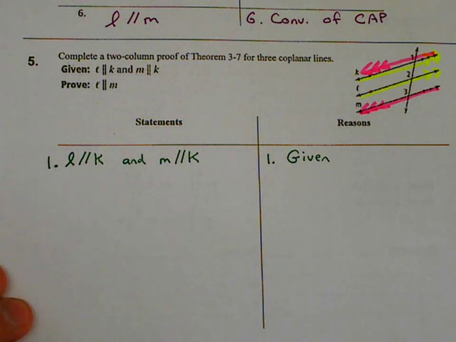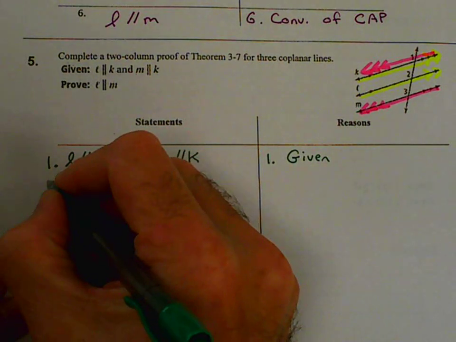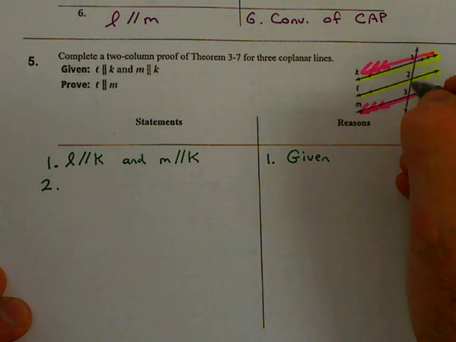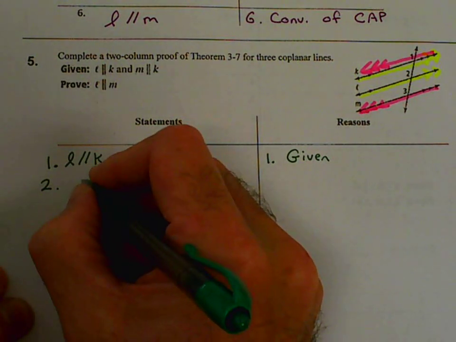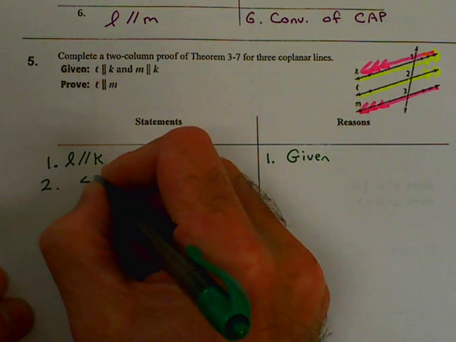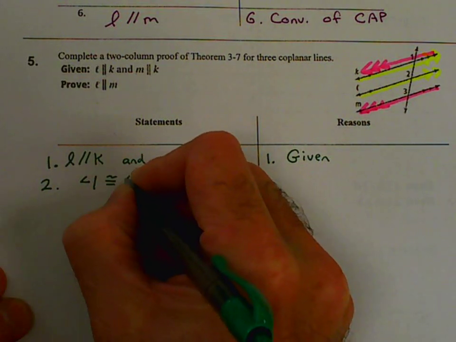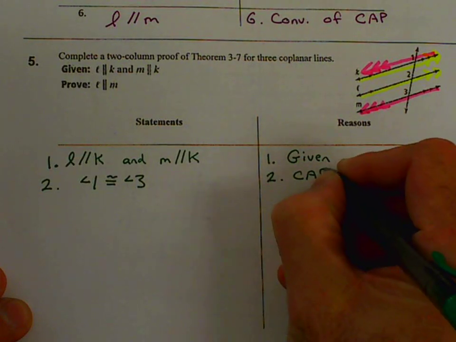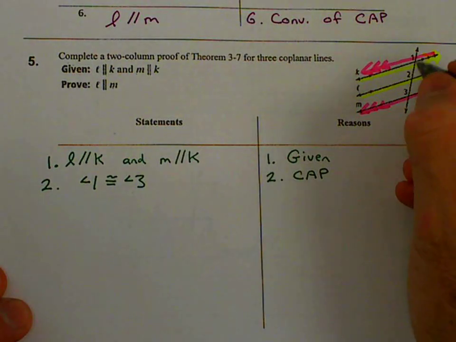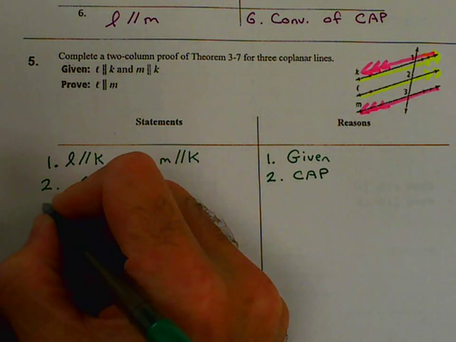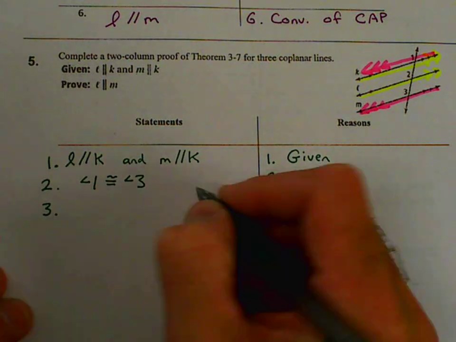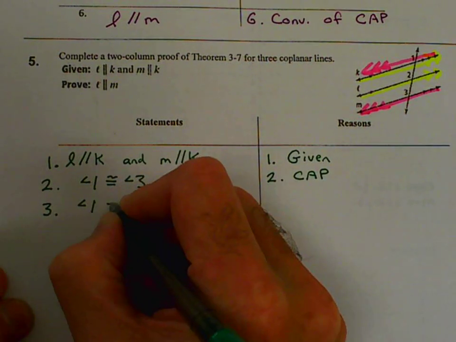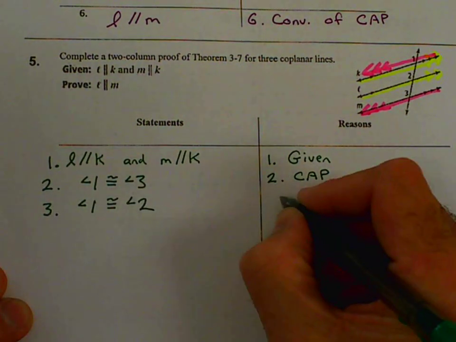Well, how we're going to do that is through angles. So number 2, and then notice they numbered angles. We know that angle 1 and 3 are congruent. Angle 1 is congruent to angle 3 by corresponding angle postulate. As do, we know that 1 and 2 are congruent, by corresponding angle postulate.